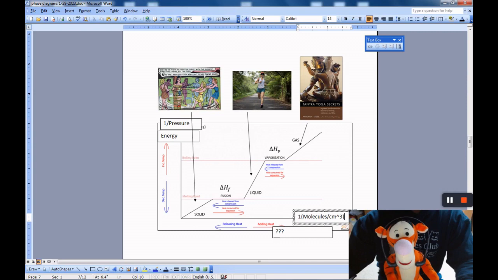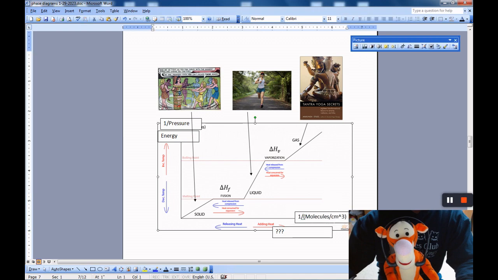All right, so let's say 1 over molecules per cubic centimeter. So this number being very big means very few molecules per cubic centimeter, because it's 1 over.